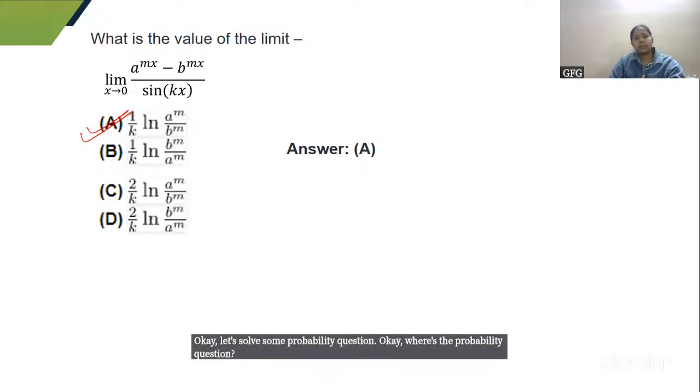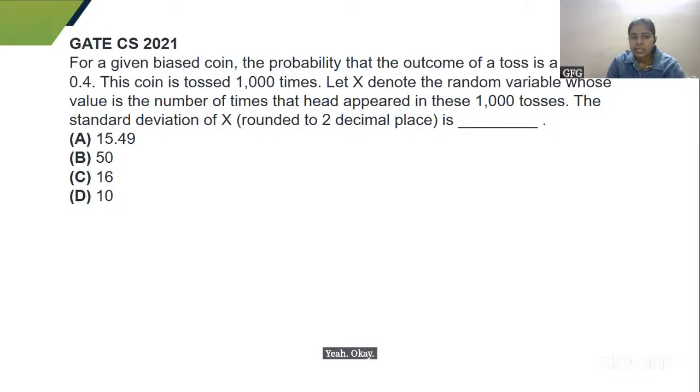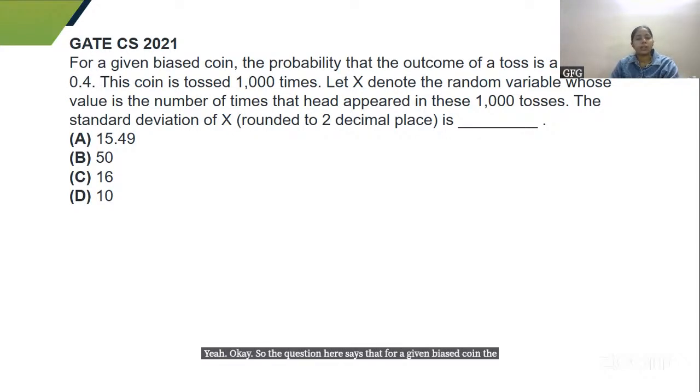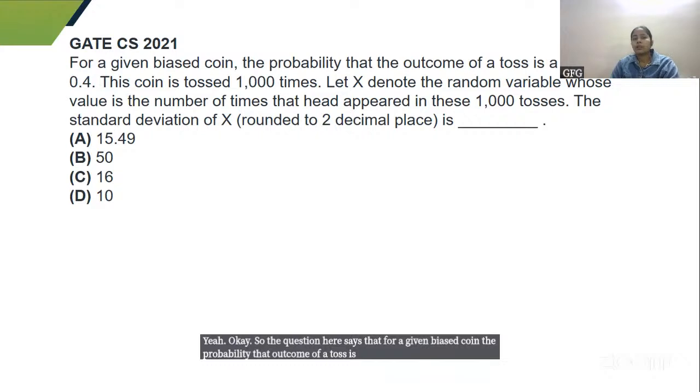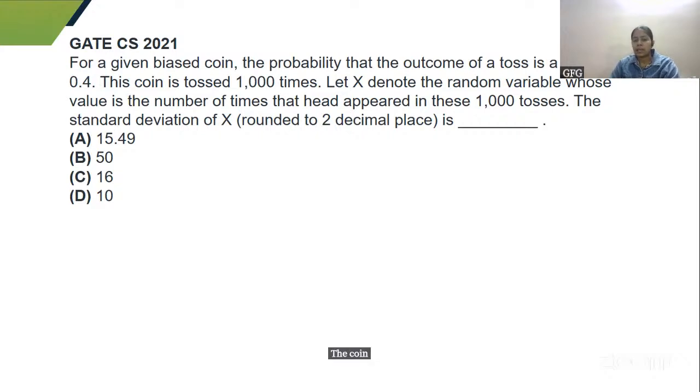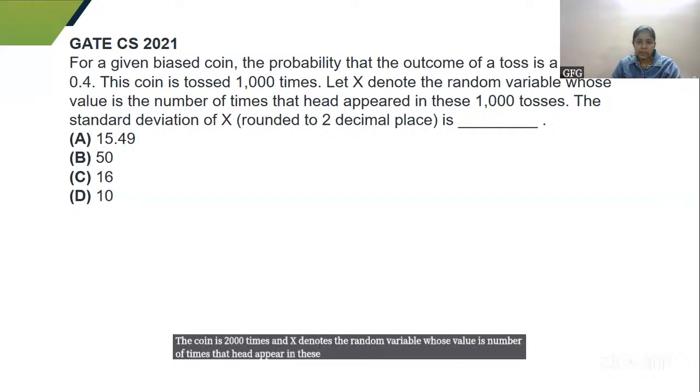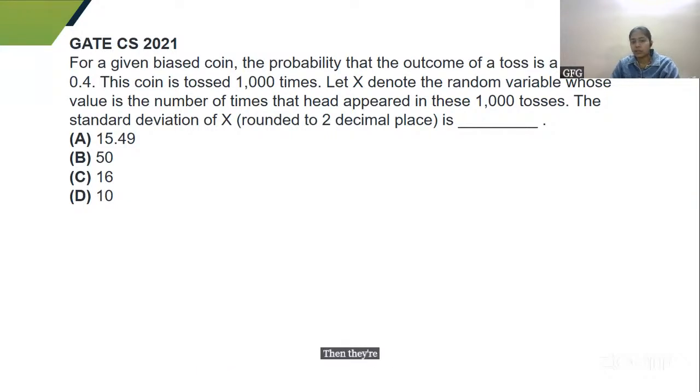So the question here says that for a given biased coin, the probability that the outcome of a toss is head is 0.4. The coin is tossed 1,000 times and x denotes the random variable whose value is the number of times that head appears in these 1,000 tosses. Then they're asking the standard deviation of x.